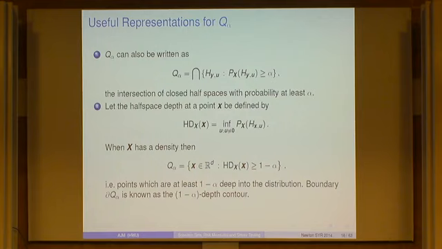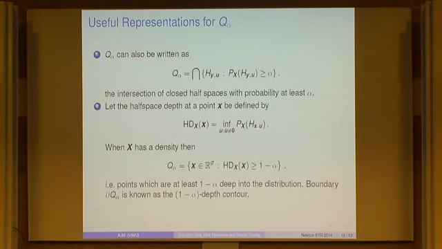This idea goes back, I think, to the 50s when Tukey invented the idea of depth, and has been looked at by a minority of statisticians ever since. Half-space depth at a point with respect to a distribution of a random vector X is defined in this way: it's the smallest probability of a half space through that point. That is the depth. When we look at the pictures, the intuition will become very clear.